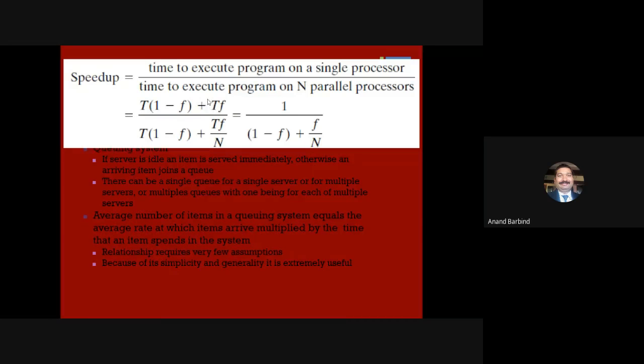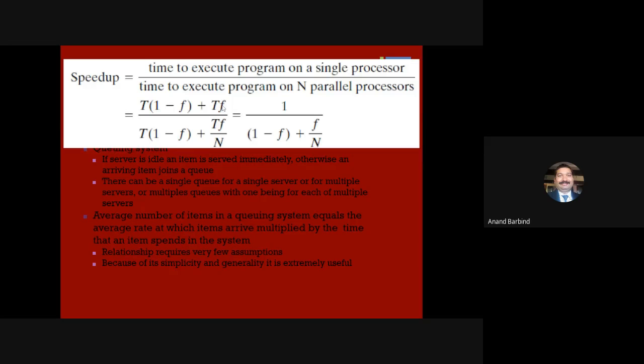Because there are n number of processors, the time required will be this much, whereas this time can be reduced. You cannot reduce the time 1 minus f, because this is the serial part of the program, and f is the parallel part.